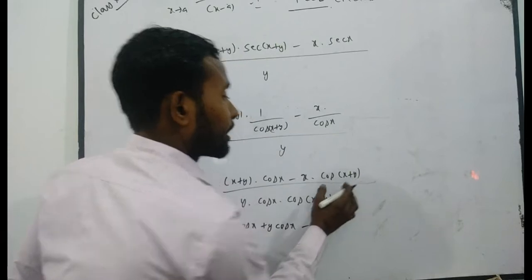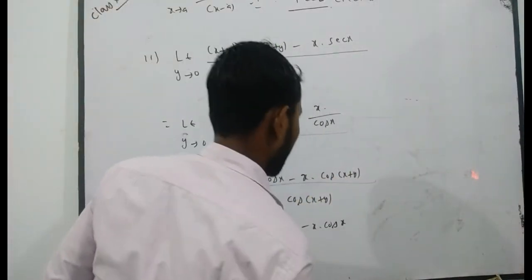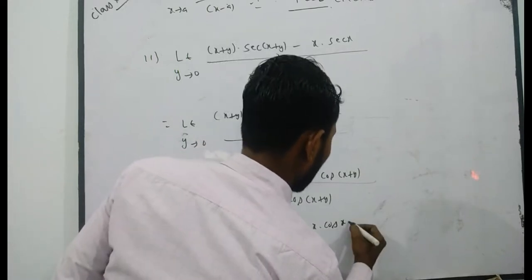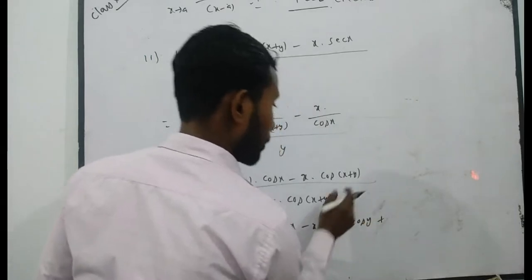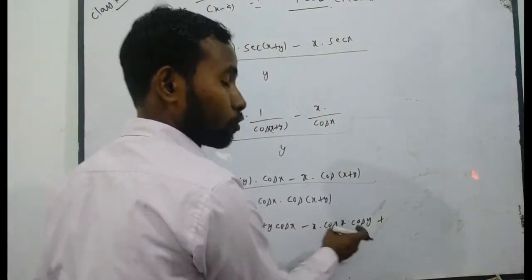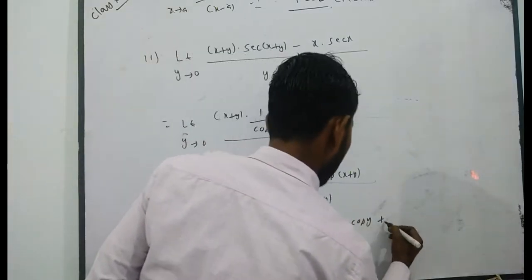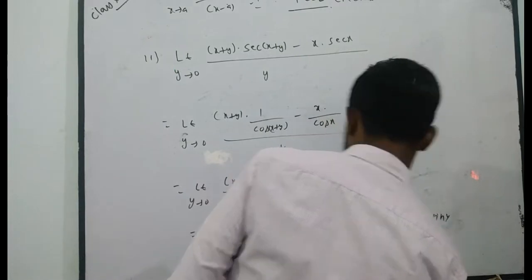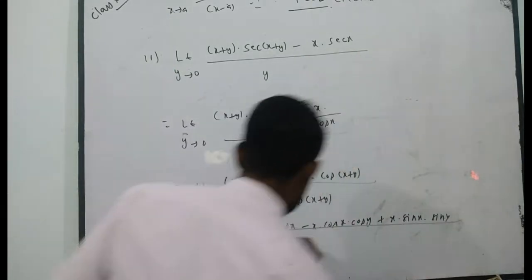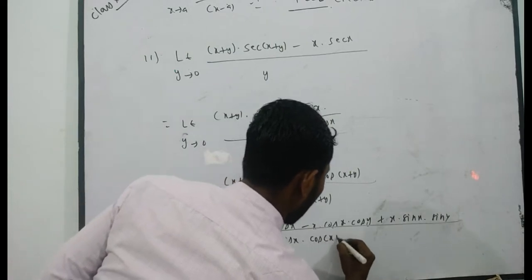If you expand it using the formula cos(a plus b), cos(a plus b) is equal to cos a into cos b minus sin a into sin b. Here there is a minus, so it will be plus x into sin x into sin y. In the denominator you get y times cos x into cos(x plus y).